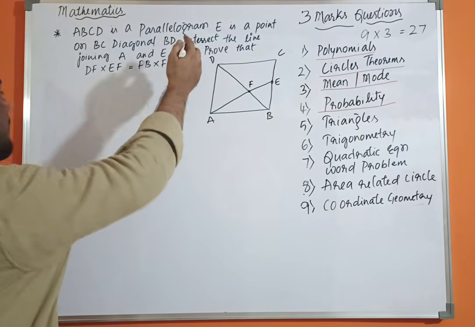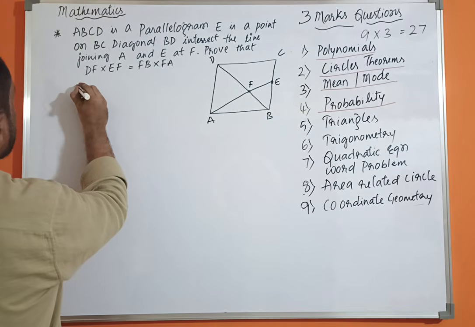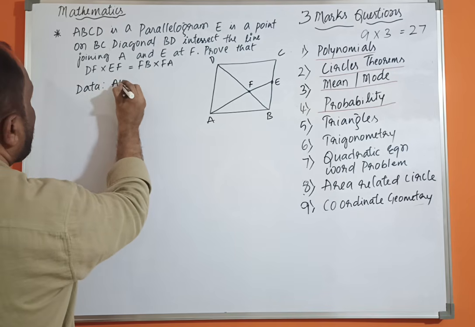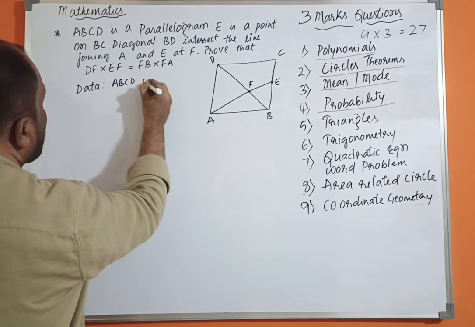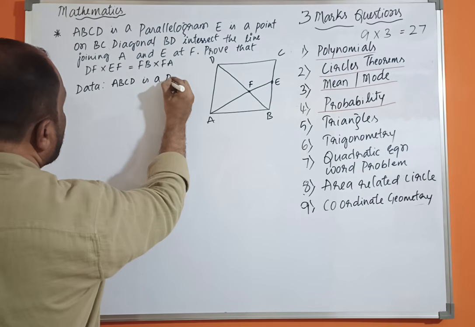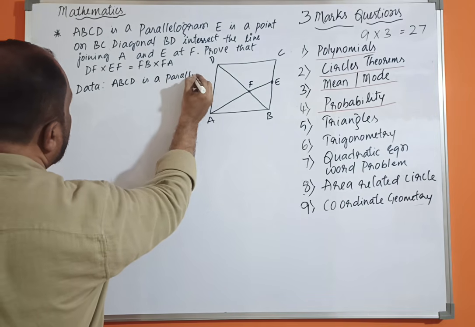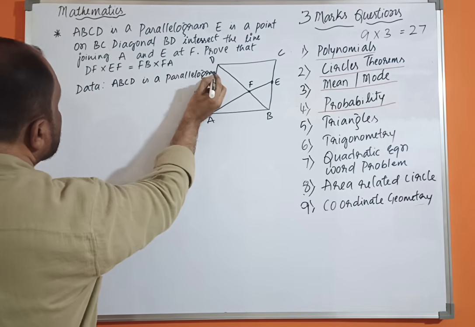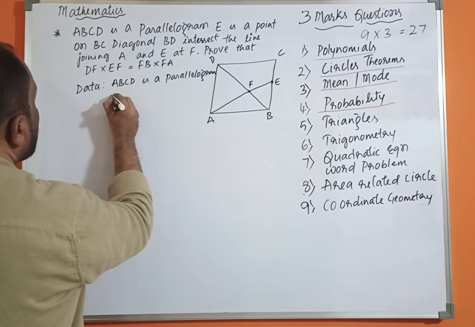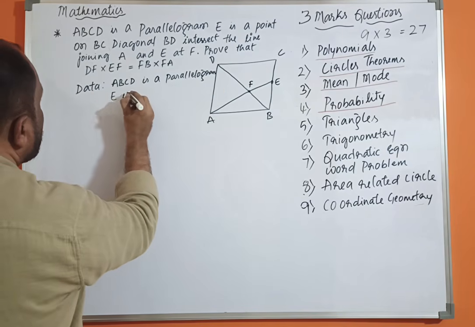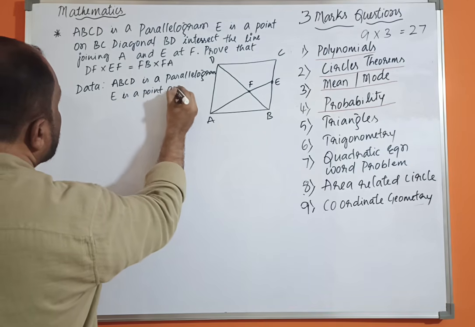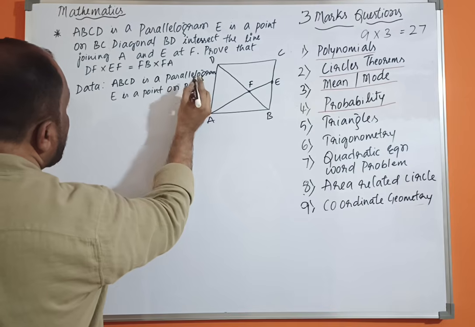A very simple sum. So write the data first. ABCD is a parallelogram. E is a point on BC.